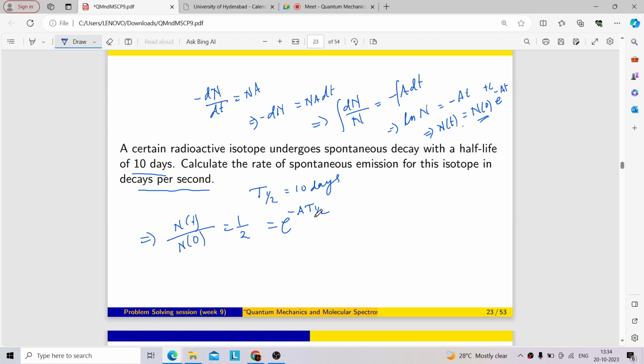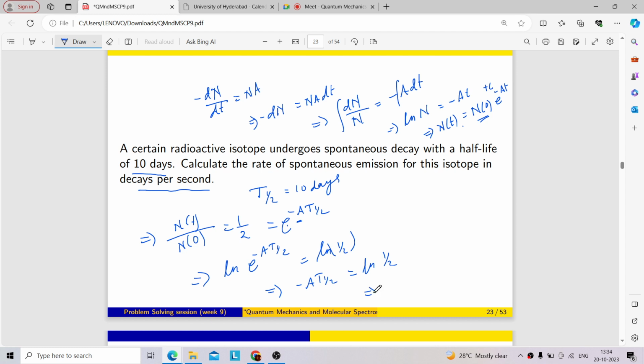Now we have to calculate the spontaneous emission rate, that means we need to calculate this Einstein coefficient A. So if I take a logarithm on both sides, ln of e to the power minus A t half gives me ln half, or minus A t half is ln of half.